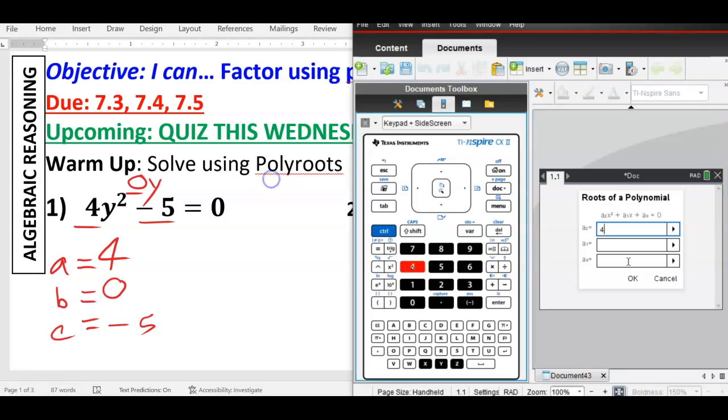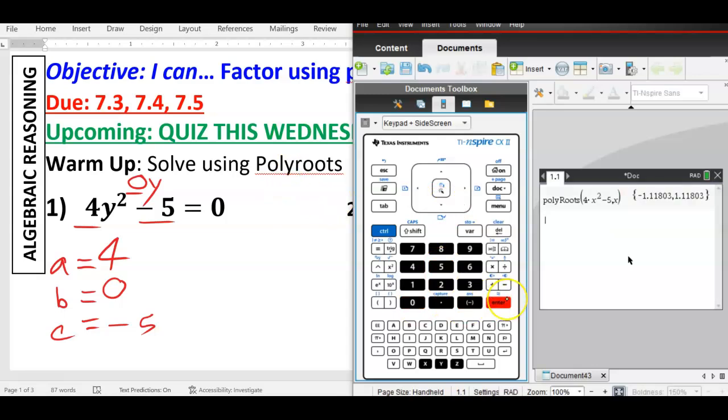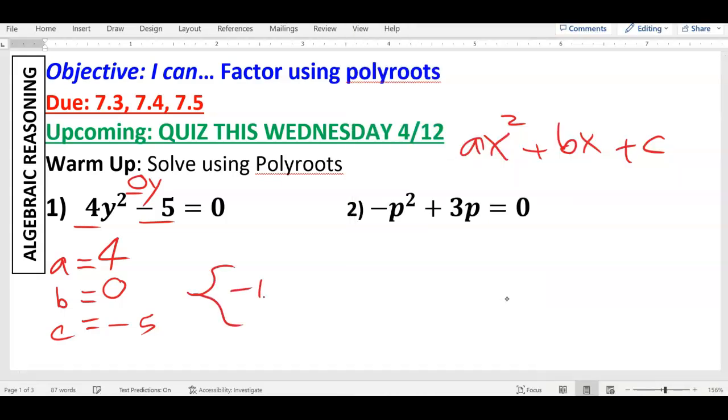So 4, down, 0, down, negative 5, enter, enter, and then you got to hit enter one more time. I got negative 1.11, and that 8 actually makes it round up. So negative 1.12, and then positive 1.12. Remember that 8 makes it round up. Cool. Y'all can get that on your own.